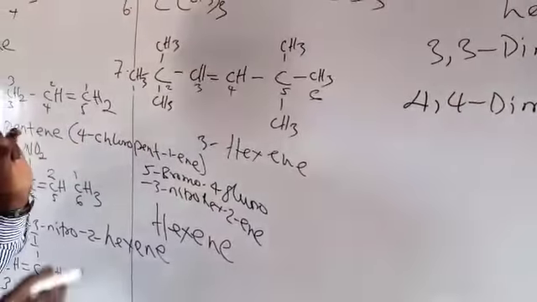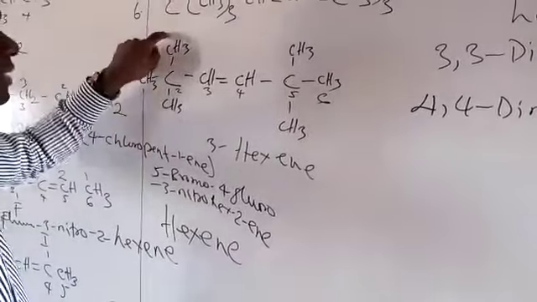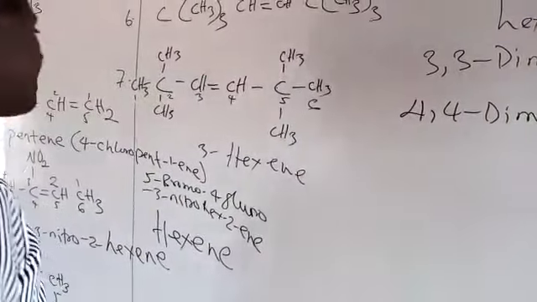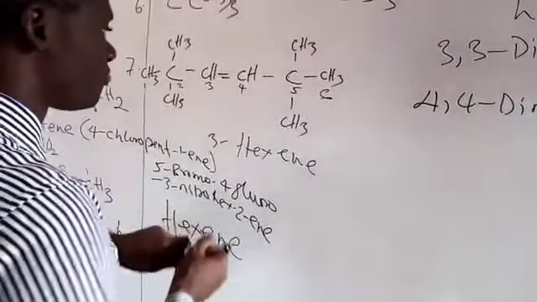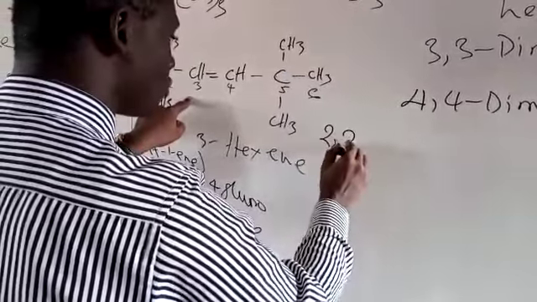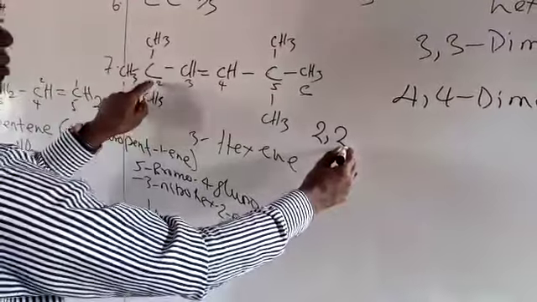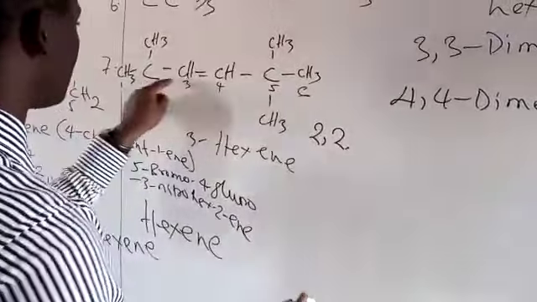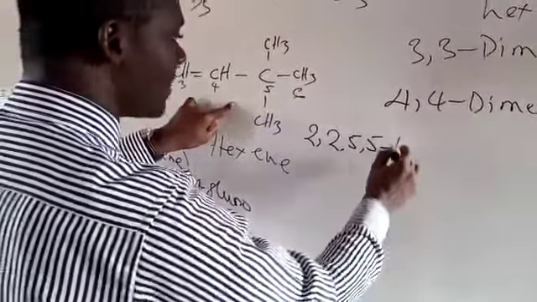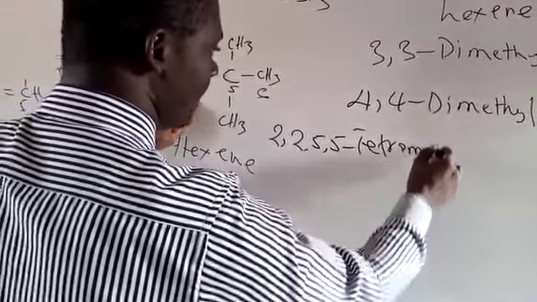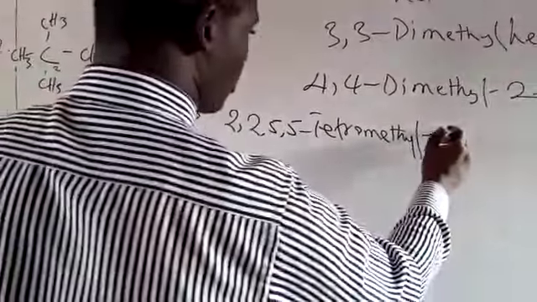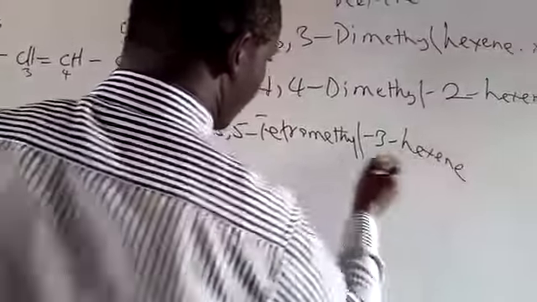If you observe very well, there are 4 attachments, all methyl groups, and they are all the same, so we use tetra to represent them. 2 methyl groups are attached at carbon 2, so 2,2, and the other 2 methyl groups are attached to carbon 5, so 5,5. So it is 2,2,5,5-tetramethyl-3-hexene.